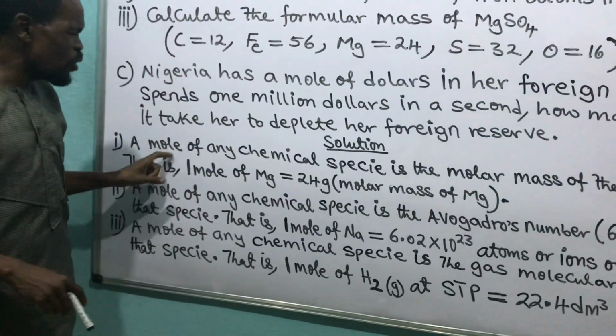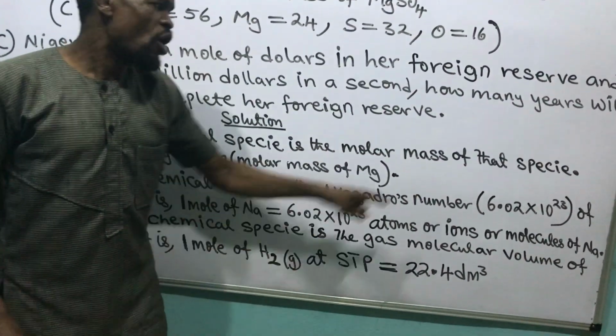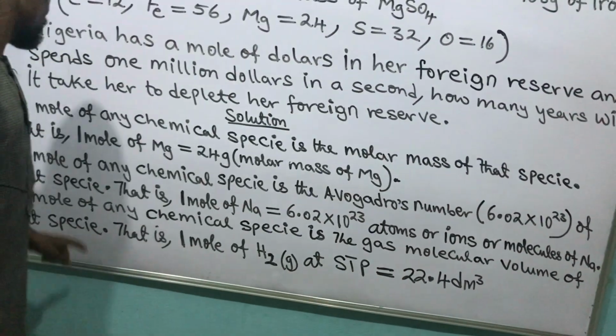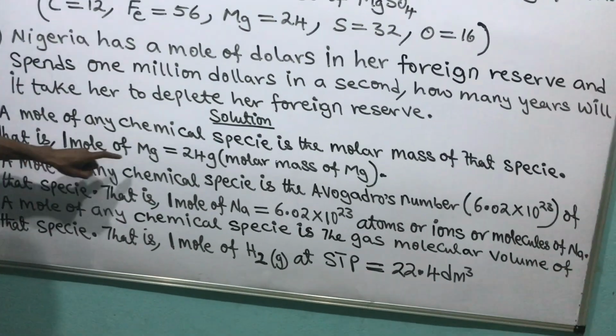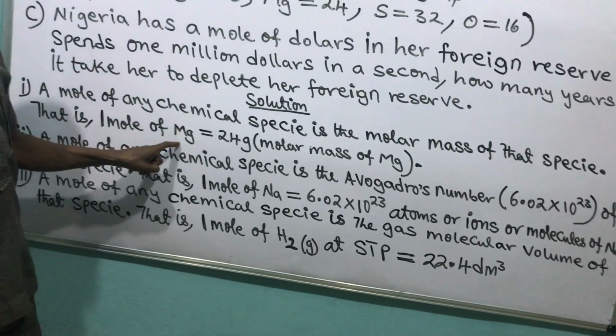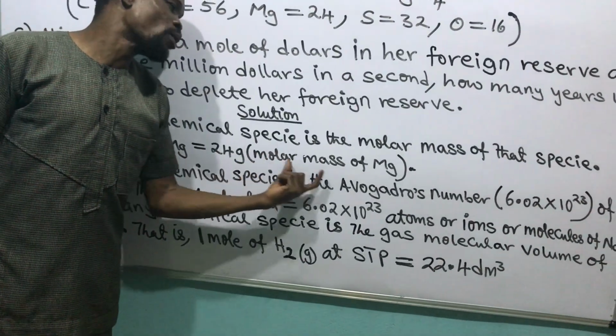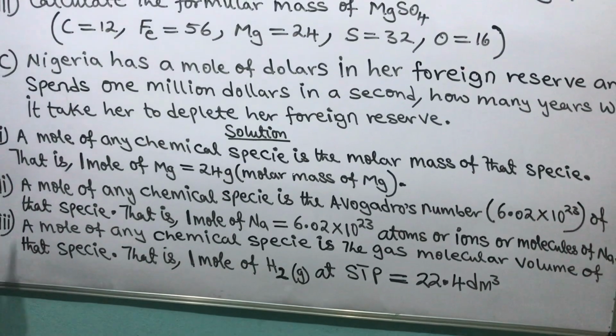So when I say 1 mole of any chemical species is the molar mass of that species, for example, 1 mole of magnesium is equal to 24 gram, which is the molar mass of magnesium.